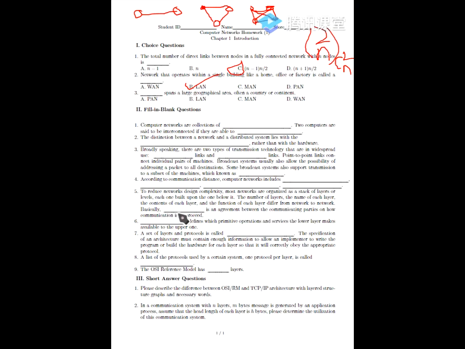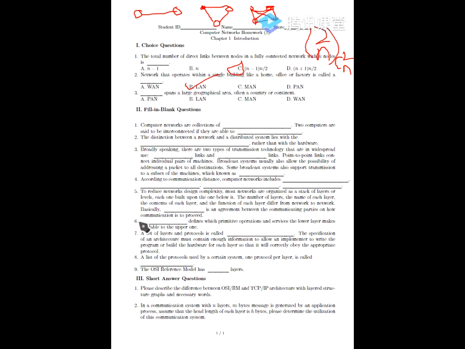Basically, what is the agreement between the communicating parties on how communication is to proceed? Protocol is an agreement between the communicating parties on how to communicate.